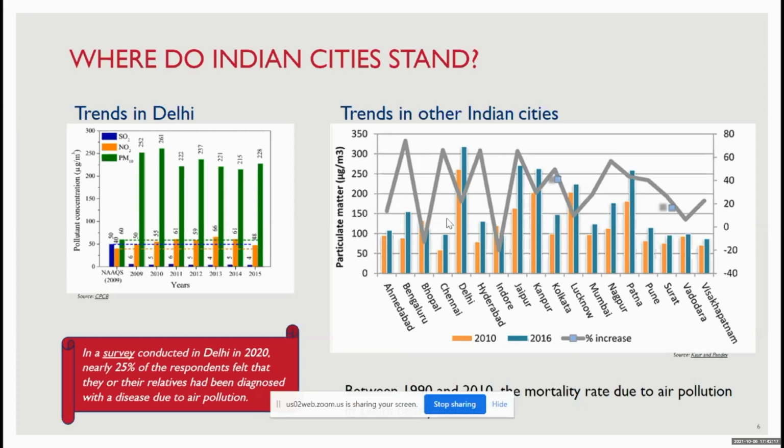It really is across the Indo-Gangetic belt. We know that in one city, Delhi, between 1990 and 2010, the mortality from air pollution nearly doubled.